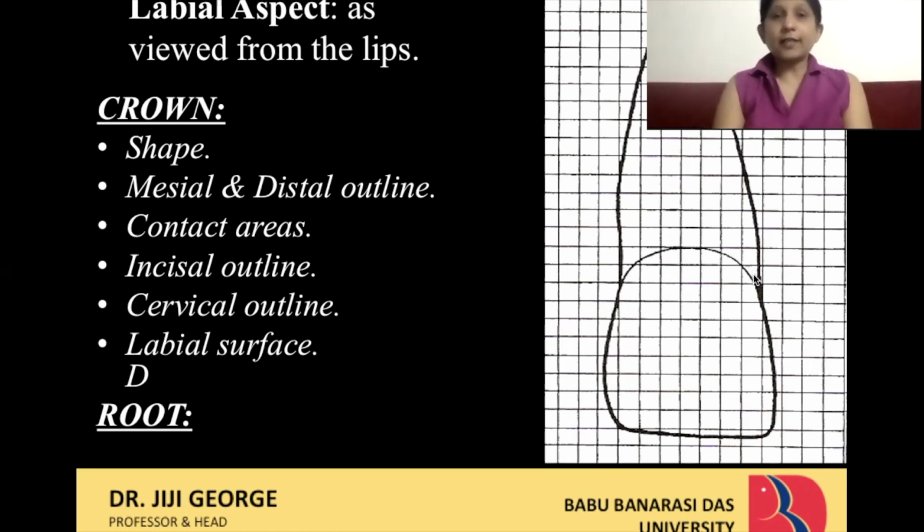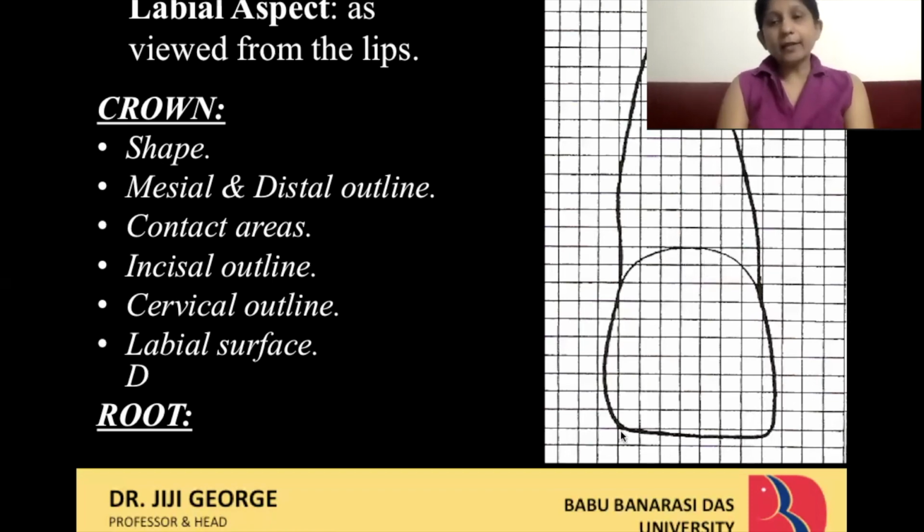On a histological basis, the cervical line is the line that separates the enamel from the cementum, because cementum covers the root surface and enamel covers the crown surface. So this is basically the cemento-enamel junction, the cervical line. It is semicircular in nature in the case of a central incisor, and the convexity is towards the root apex.